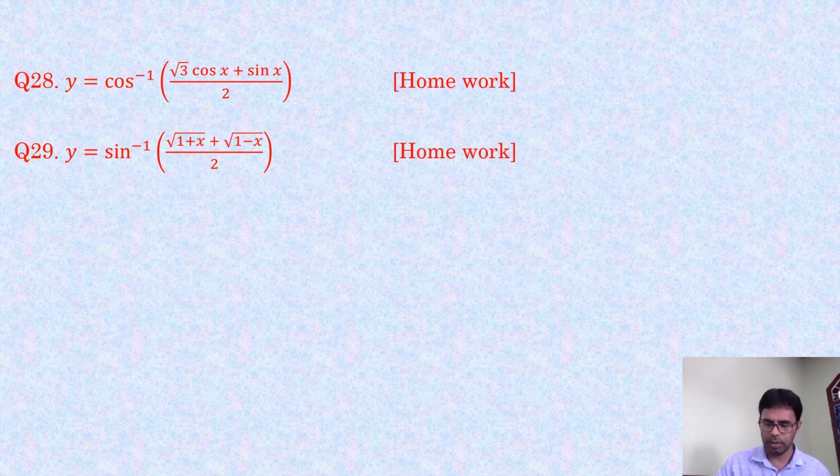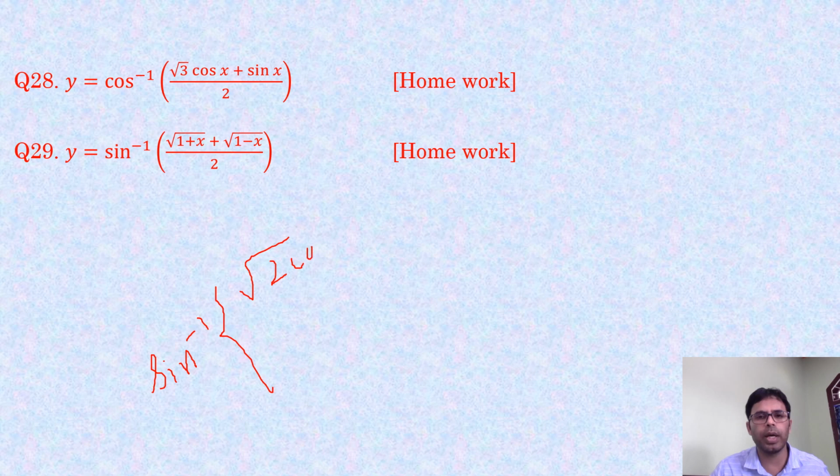I am just giving here, you see the numerator, outer function is sine inverse, it will remain same, sine inverse, and here it will be root over 2 cos square theta after taking x is equal to cos 2 theta, and plus it will be root over 2 sine square theta, and whole terms divided by 2.